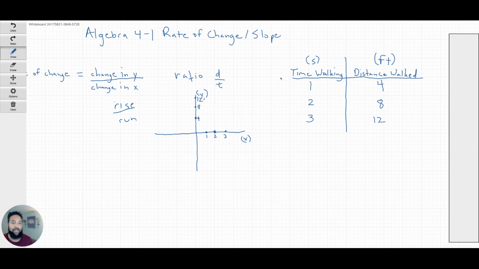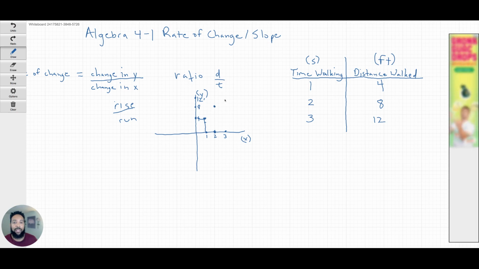So let's look at this first row. So at 1 second, I walked 4 feet. So basically, we're representing that in this dot here. So you went up 4 and across 1. So the next, in 2 seconds, I went 8 feet.